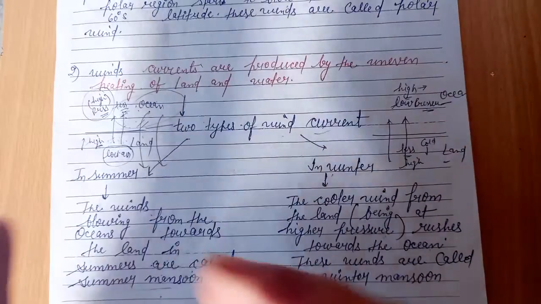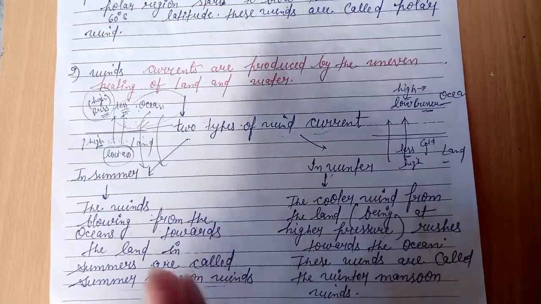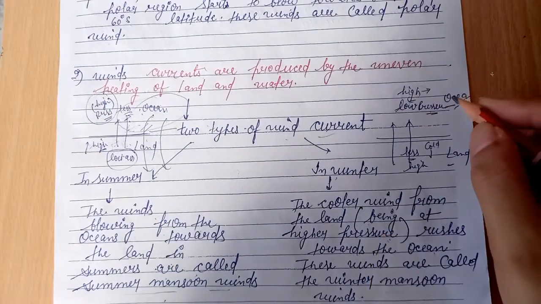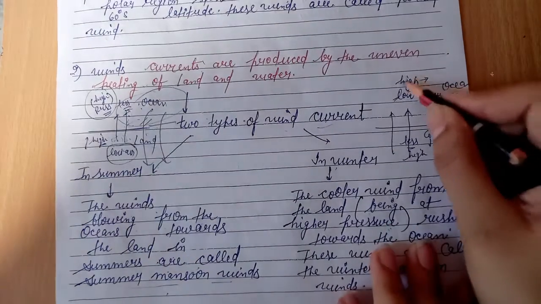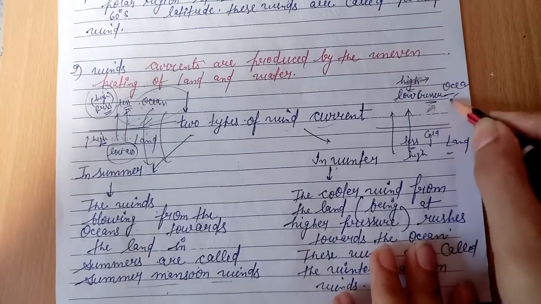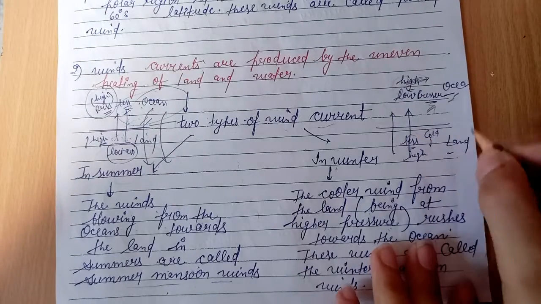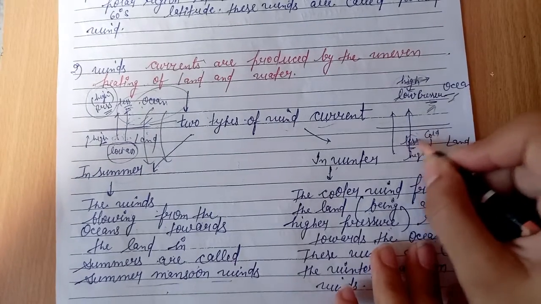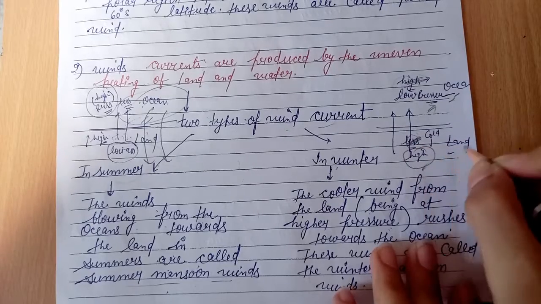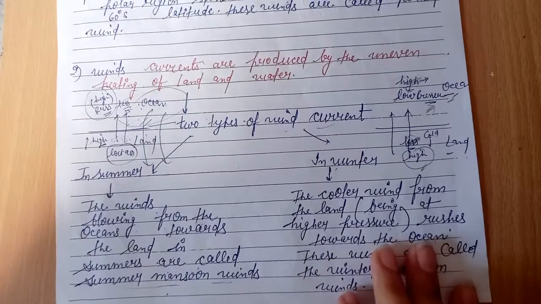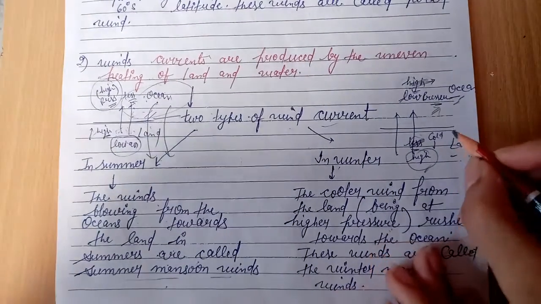In winter, it is just the opposite of the summer condition: at the ocean low pressure is generated, and at the cold land high pressure is present, because the temperature at the land region is low, so the air above the land is cold.